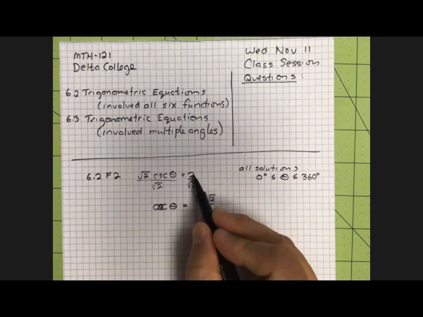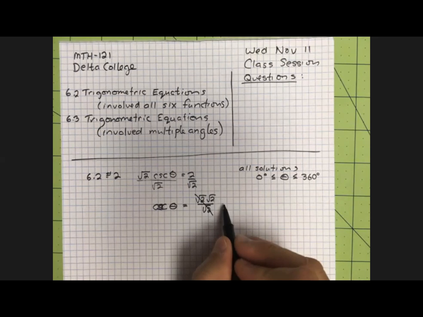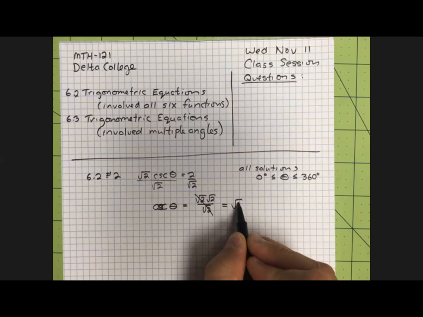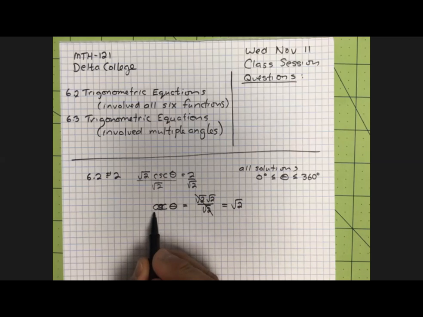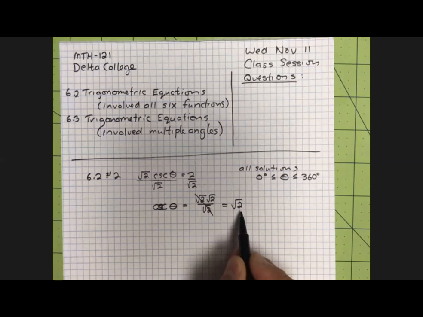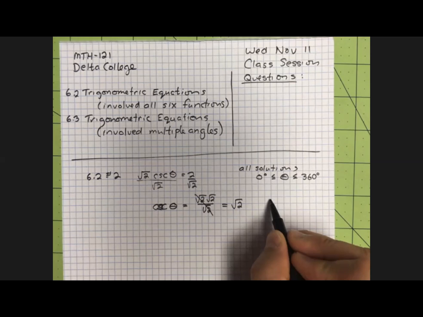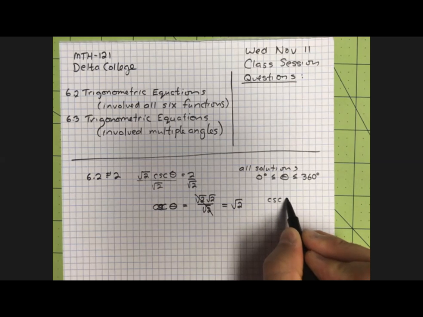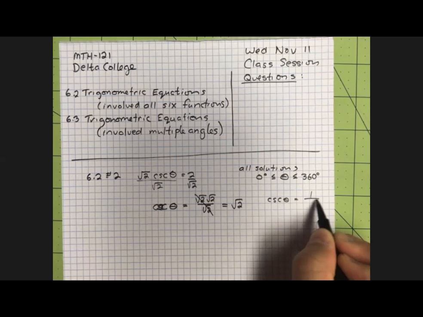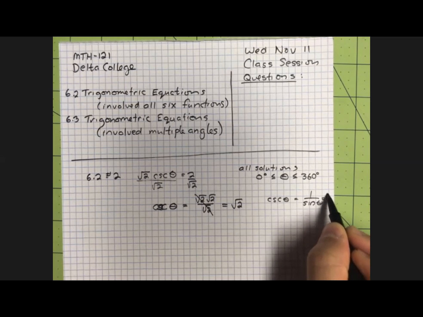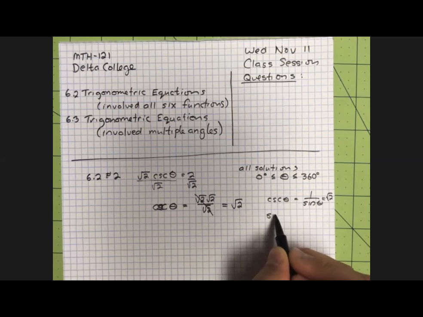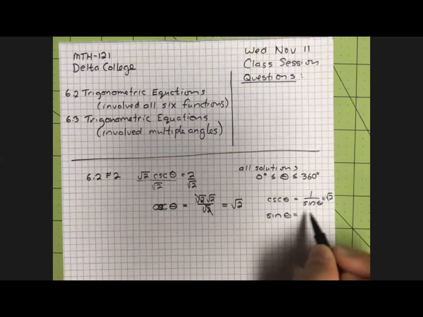So when you see 2 divided by root 2, you have to acknowledge that that's equal to root 2. And now I need to draw an angle whose cosecant is root 2. Now let's see, what is a cosecant? Cosecant is the reciprocal of sine. So if the cosecant is root 2, then the sine of that angle is 1 over root 2.